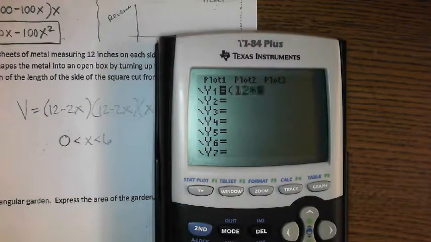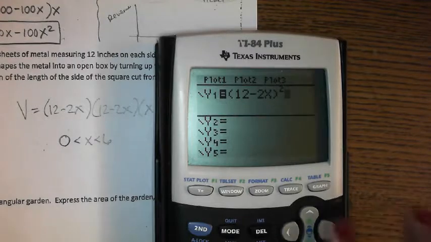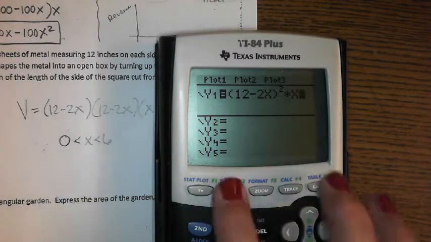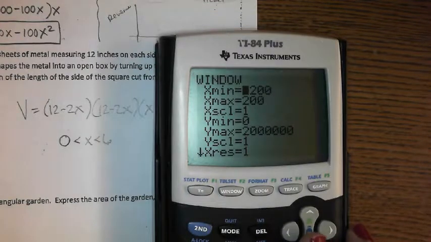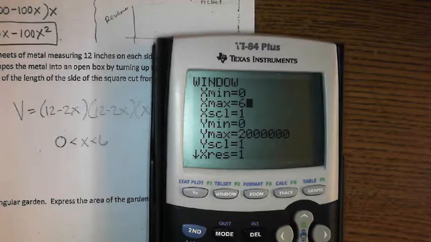So 12 minus 2x, squared, right? I got 2 of those, times x. And our window is 0 to 6 is all we're looking for, right? That makes sense? Can't do anything outside of that. Our volume, what's an appropriate volume?